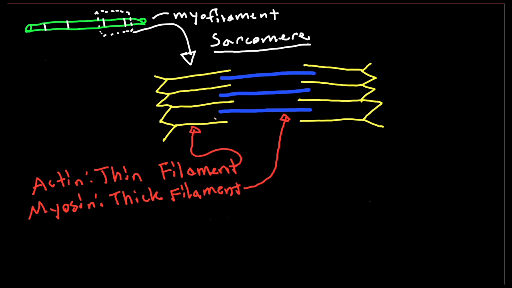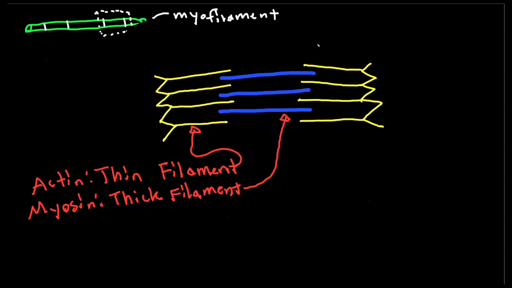It's important to understand the terminology they use when talking about sarcomeres. So let me erase some of this stuff just so we can have some room to write. They've named different zones of the sarcomere with different terminology, so we'll go over that real quick. So remember, this is thick filament, thin filament here.